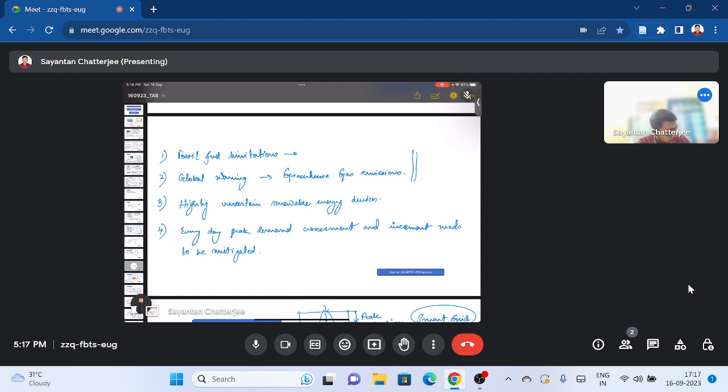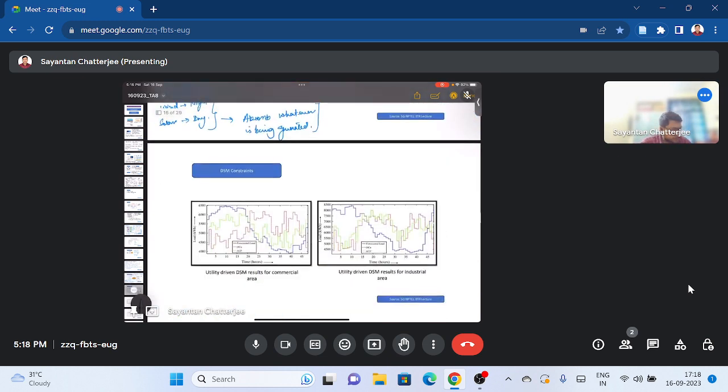So let me write it. Now we have some demand side constraints. Before that, we have some objectives, demand side objectives.